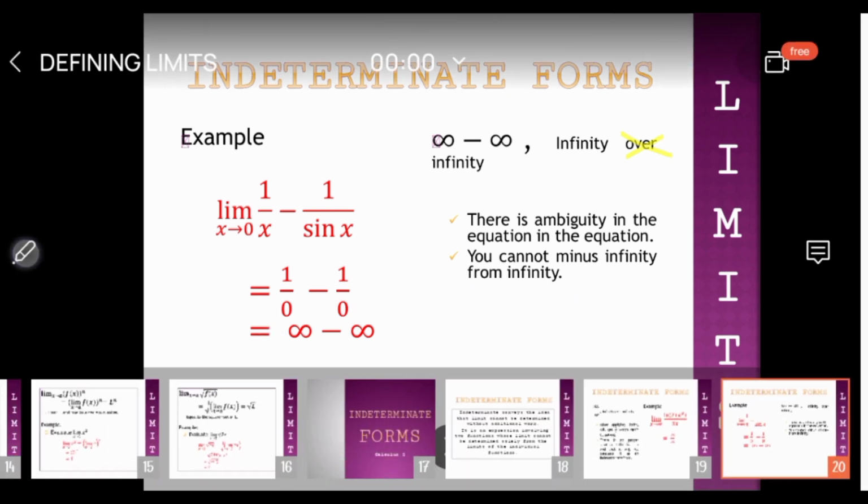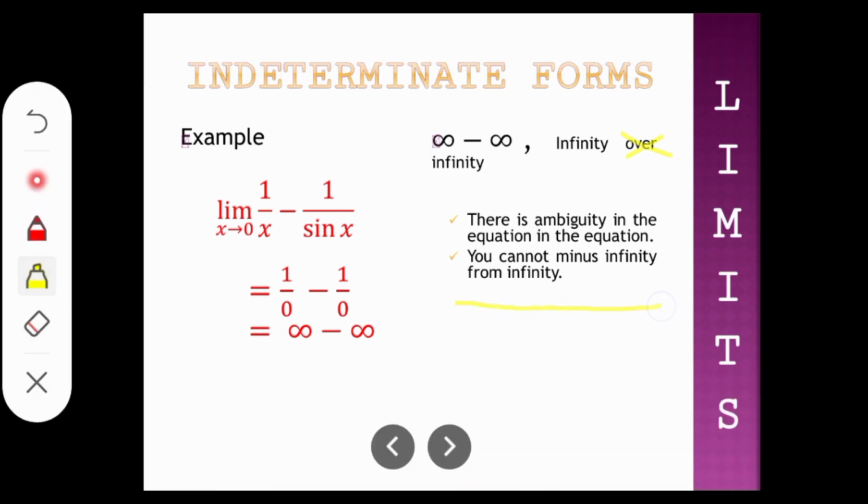So let's have an example: the limit of 1 over x minus 1 over sin x as x approaches 0 is equal to 1 over 0 minus 1 over 0. The value of 1 over 0 is infinity, and minus 1 over 0 is also infinity. So that is how we call the infinity minus infinity.